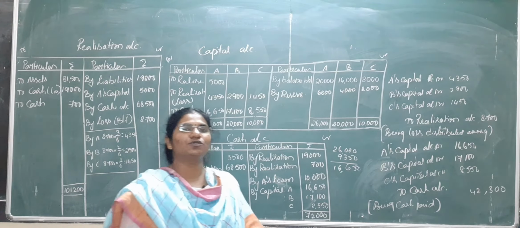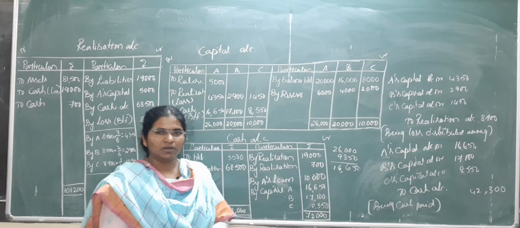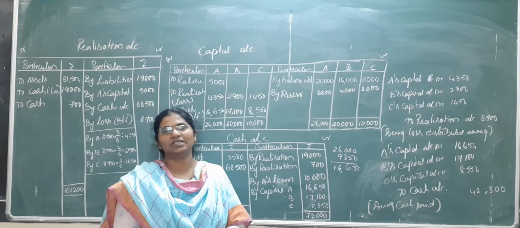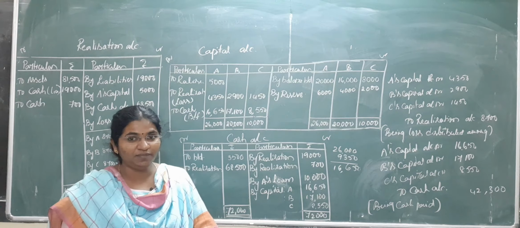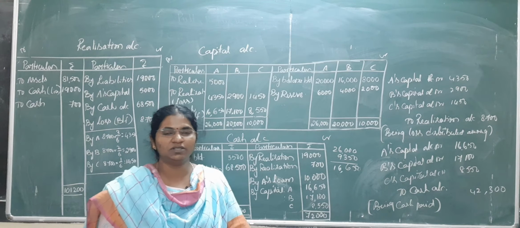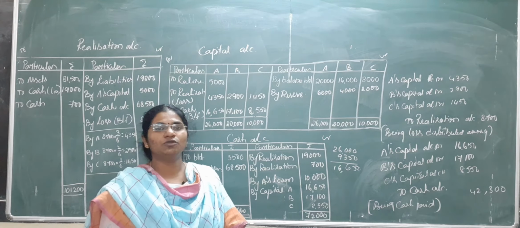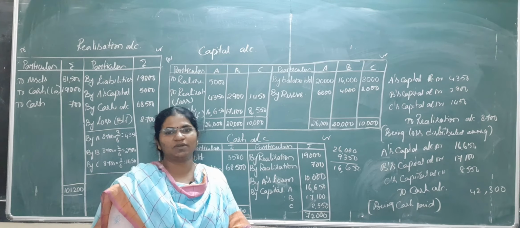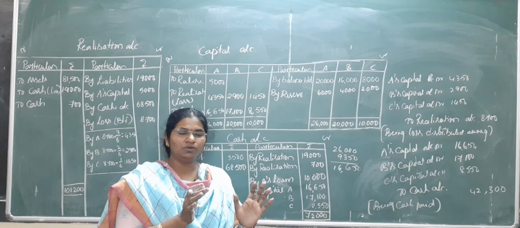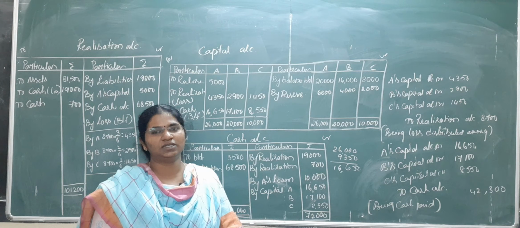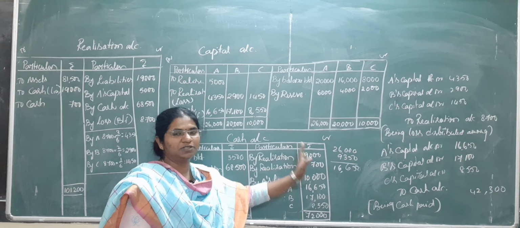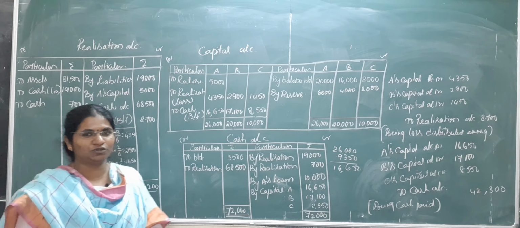This is the way to write or do the solution for problems in dissolution. This is problem number 3 in your J. Narang textbook, Kalyani Publications, under unit number 2, page number 1.39 as well as page number 1.40. I will try to read the journal entries and do the solution in this manner. So, I will give a few minutes to you students.